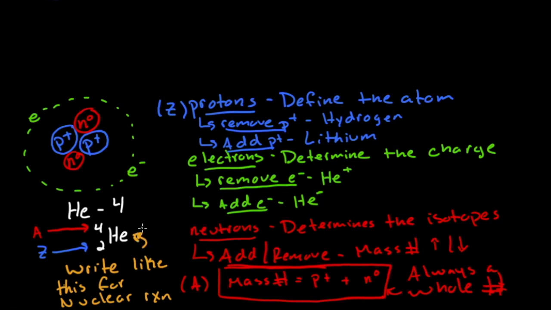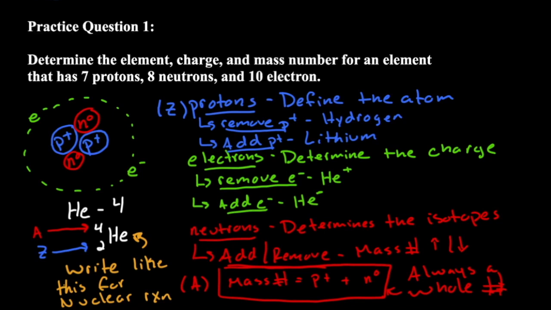And so let's try a practice problem using this information. So here is practice question number 1. It wants to determine the element, charge, and mass number of an element that has 7 protons, 8 neutrons, and 10 electrons.